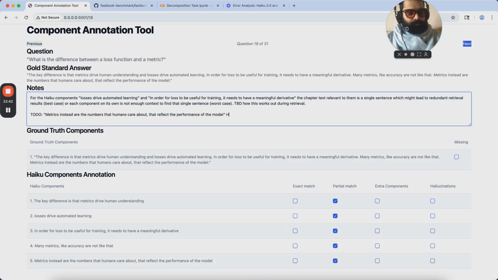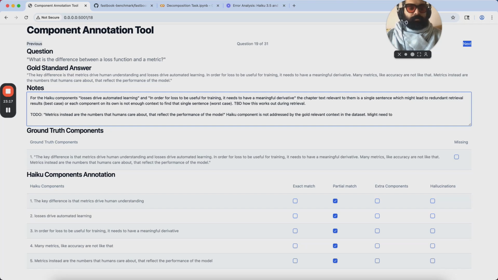This Haiku component points out an unaddressed answer component. Let's just say component is not addressed by the gold relevant context in the data set.